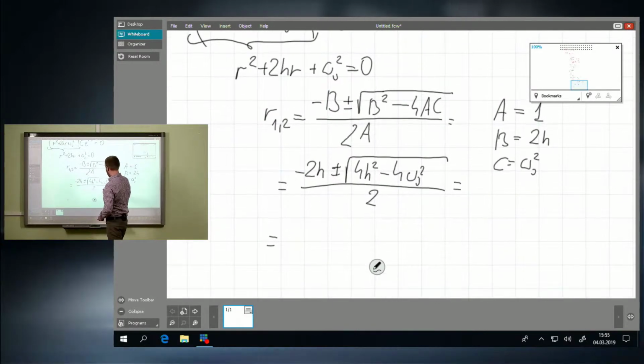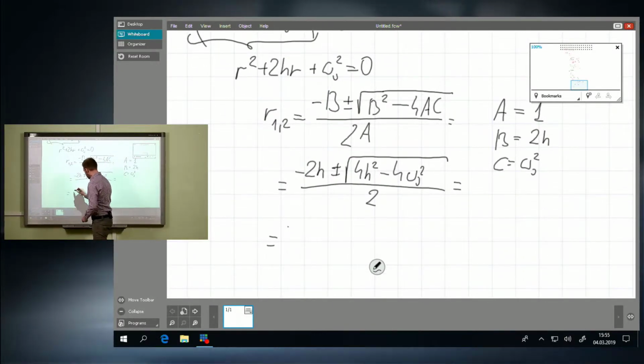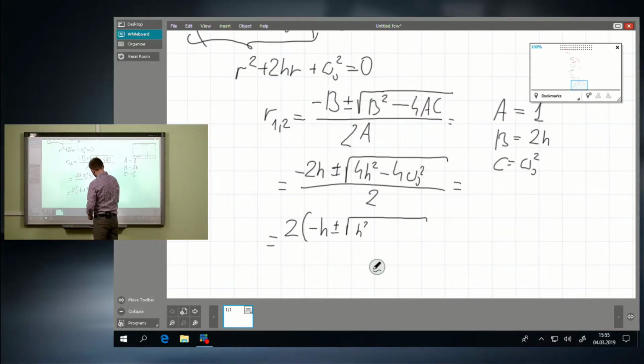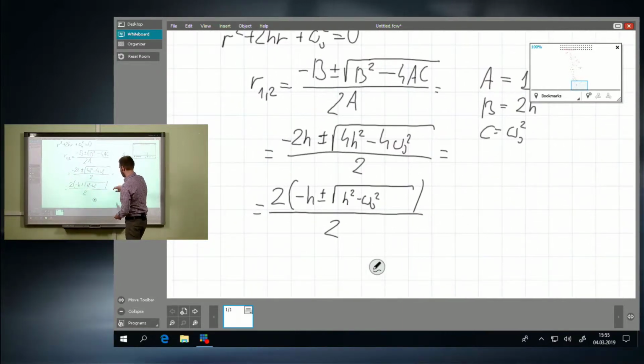And we are able to find the common factor here. I mean, here we have 2, minus h, maybe I will improve myself because it doesn't look especially good, minus h plus minus the square root of h squared minus omega 0 squared, over 2, we have to close the parentheses.